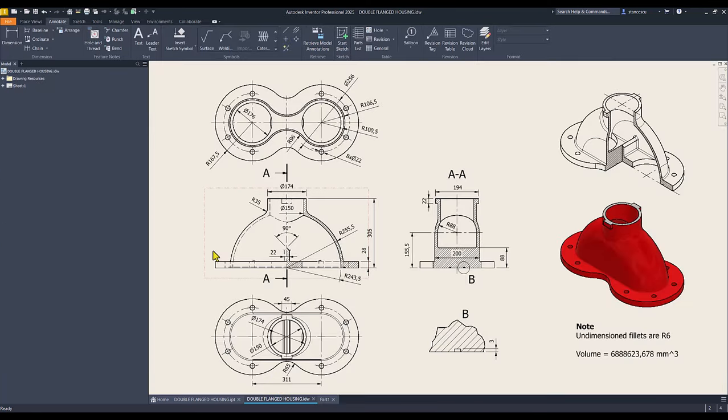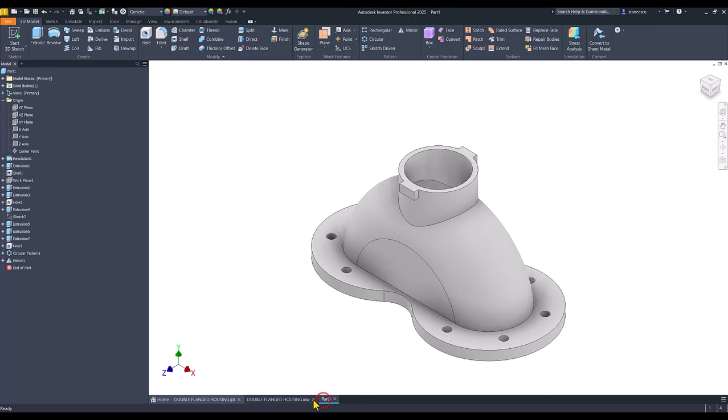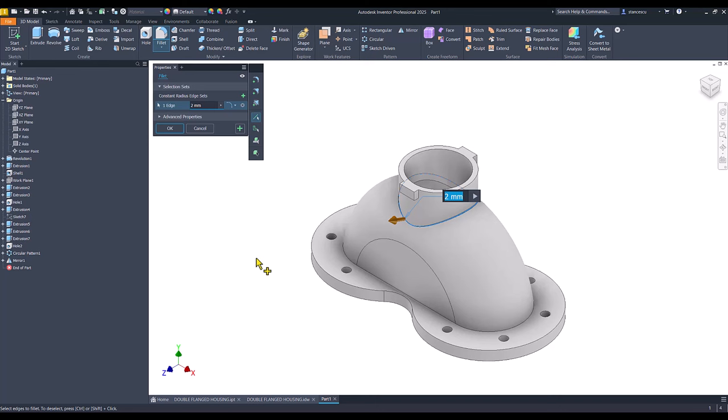Now if you take a look here, you see radius 35 for this fillet and radius 6 for all the other. Let's apply this. This is 35 plus radius 6 in many places.